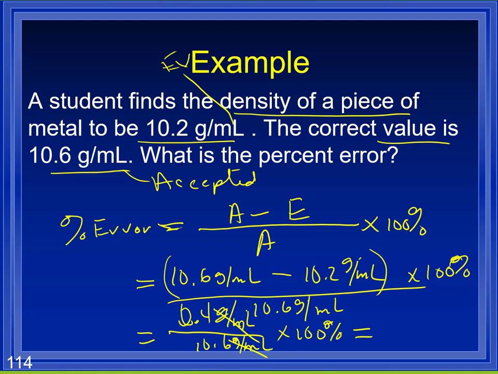And 0.4 divided by 10.6. Well, 0.4 has 1 sig fig, 10.6 has 3. This can only have 1 sig fig, so I got 4%. Notice how percent is a unit, and we can treat it just like a unit.